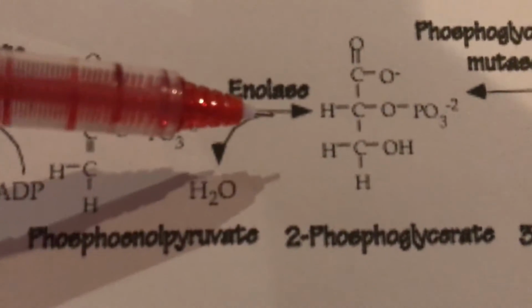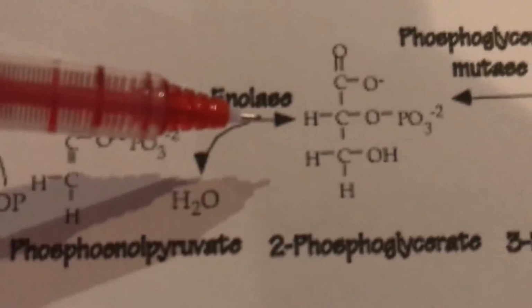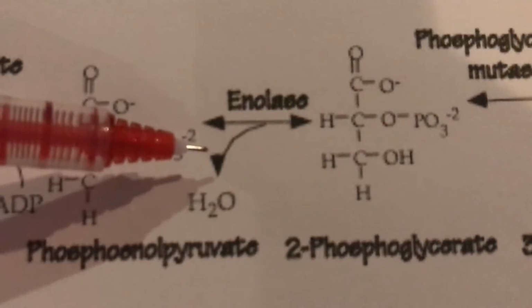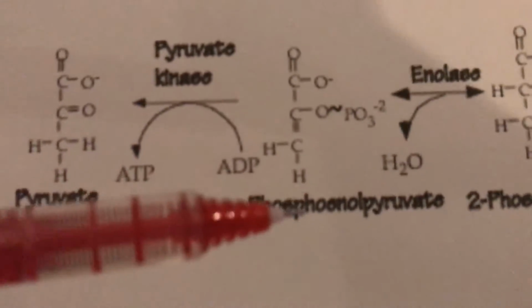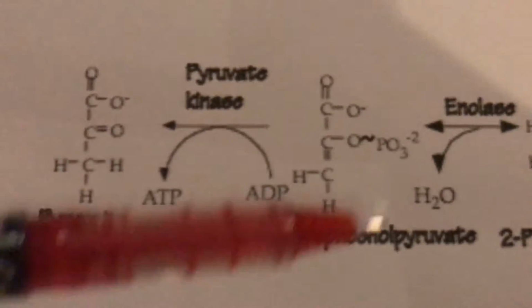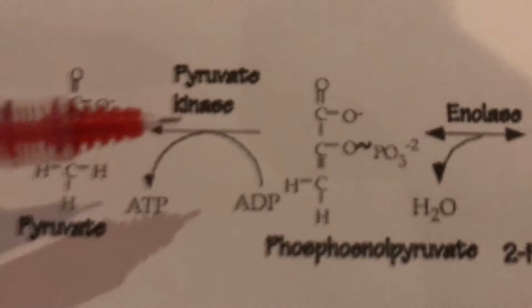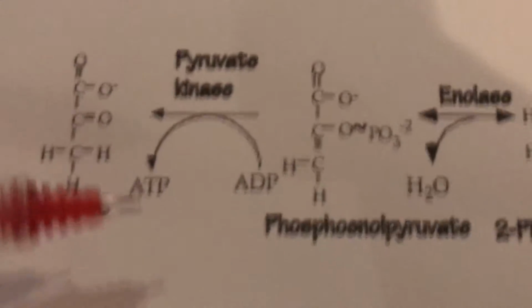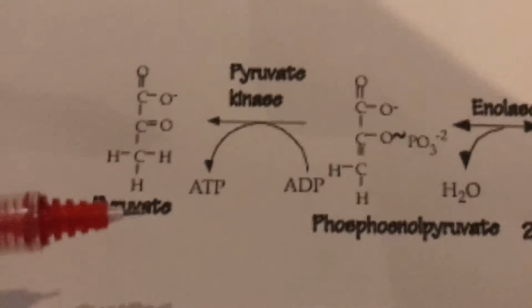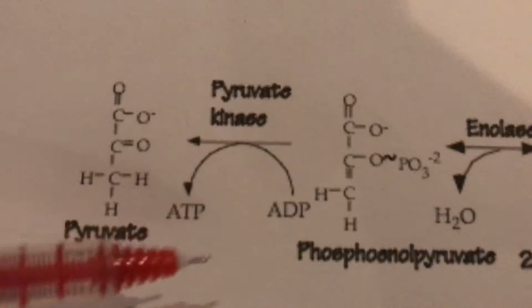And during this reaction, a water molecule is actually formed as well. And from phosphoenolpyruvate, it becomes pyruvate via pyruvate kinase. Again, kinase phosphorylates ADP into ATP. And so at the end of glycolysis, this is the second ATP that forms.